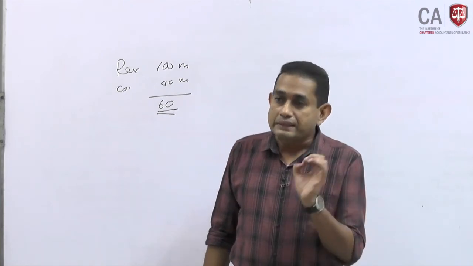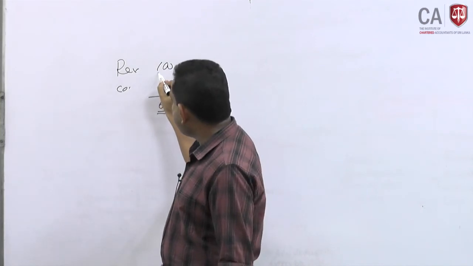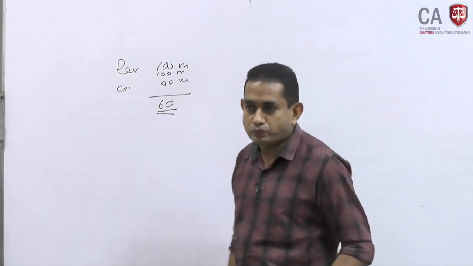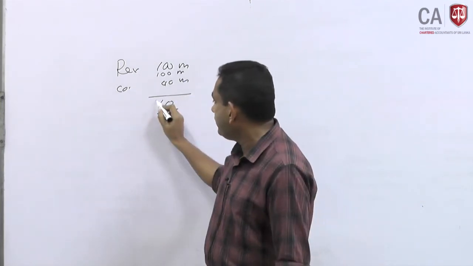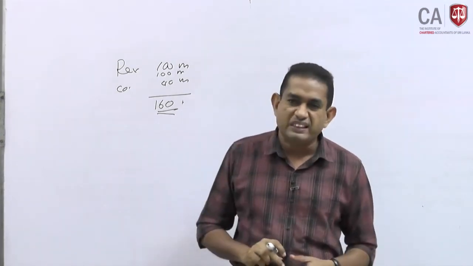Now, in the midst of this operating revenue, I bring in another 100 million rupees which I got from the government as support into my profit and loss, and then my profit figure rises from 60 million rupees to 160 million rupees.